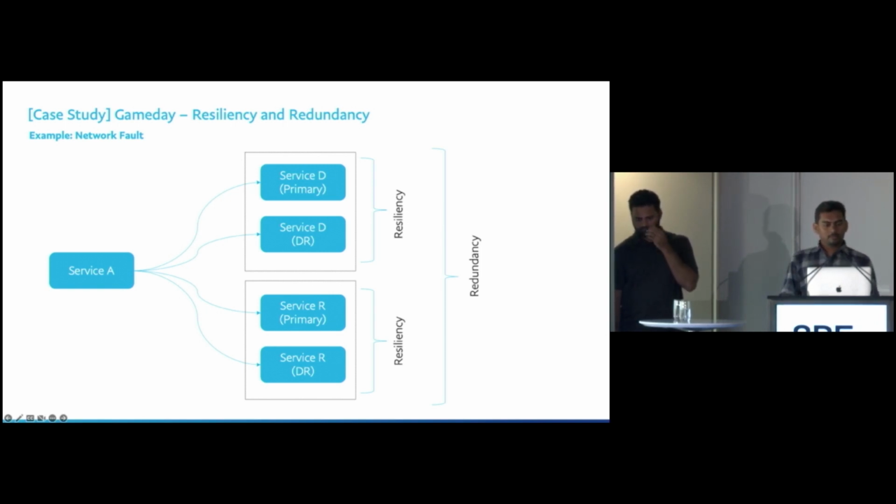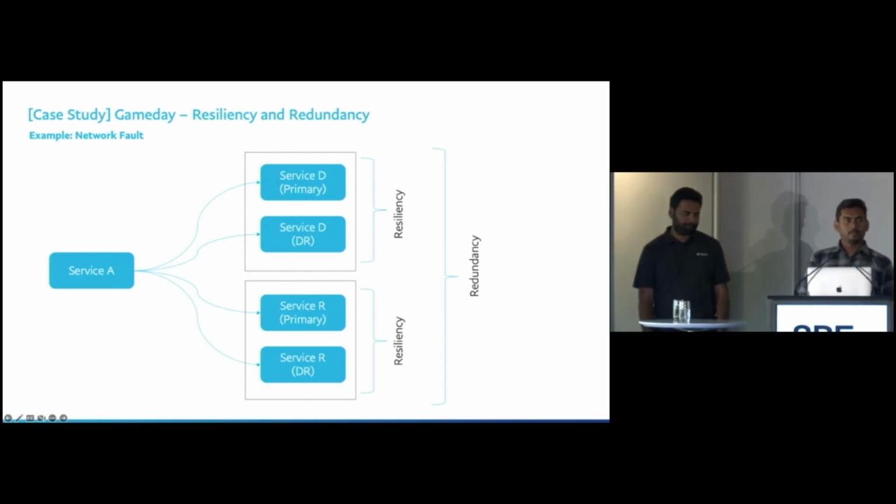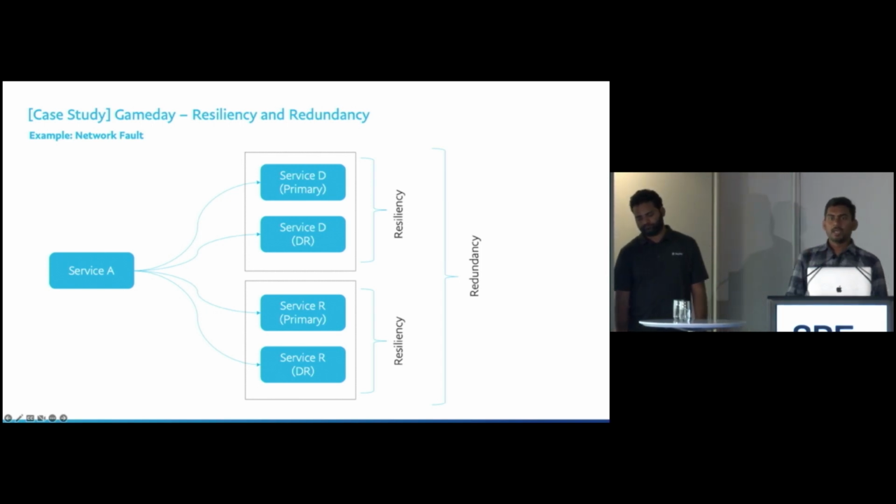You have a service A, which is dependent on service D. Service D has a fallback, which is service R. Each of service D and service R has its own fault tolerance in place, like DR endpoints. Service A usually connects to service D, and if there is an issue, it will try to connect to service R. So there are resiliency scenarios and redundancy scenarios.